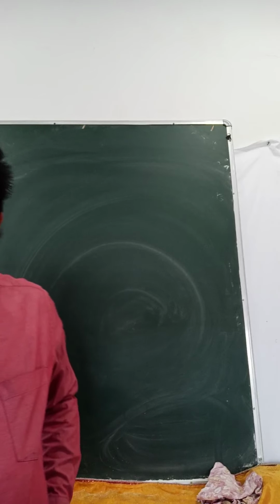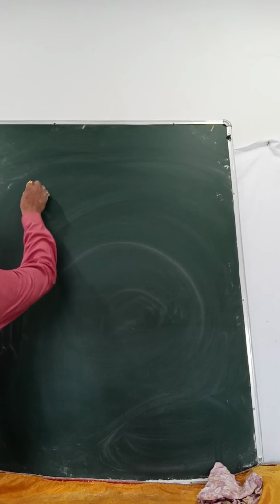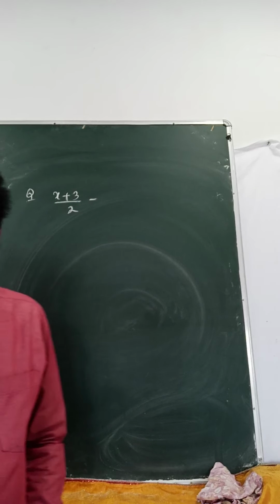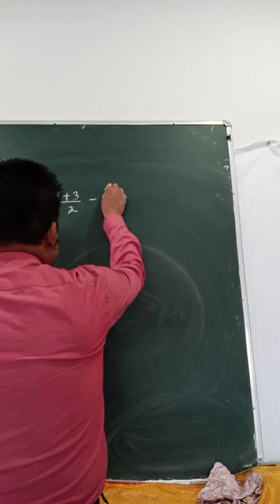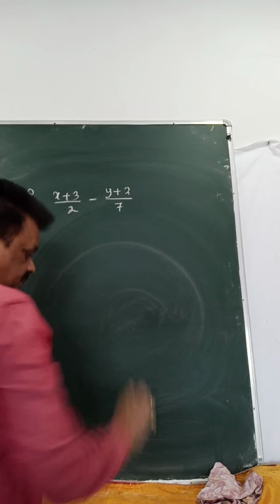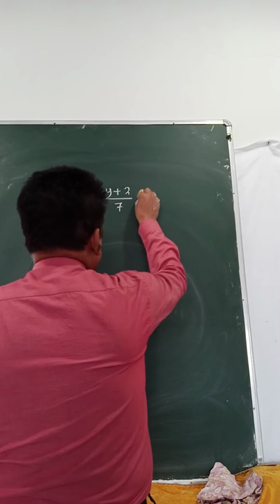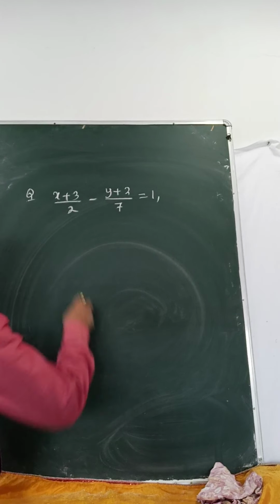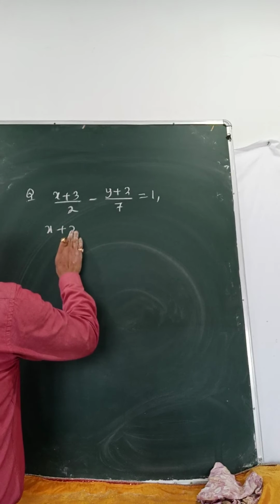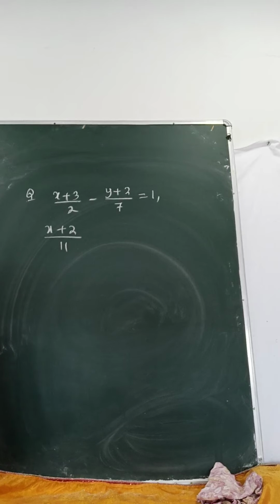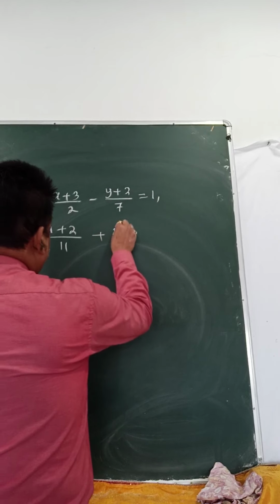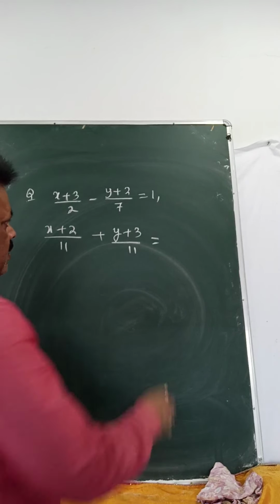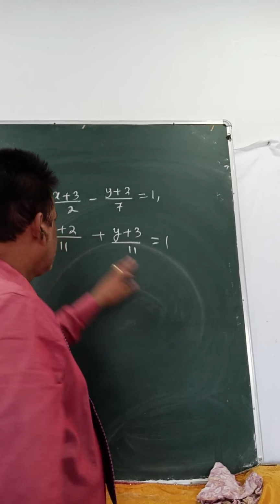If I get a question here, (x plus 3) by 2 minus (y plus 2) by 7 equals 1, then (x plus 2) by 11 plus (y plus 3) by 11 equals 1. Okay, the best method is remove the denominator.